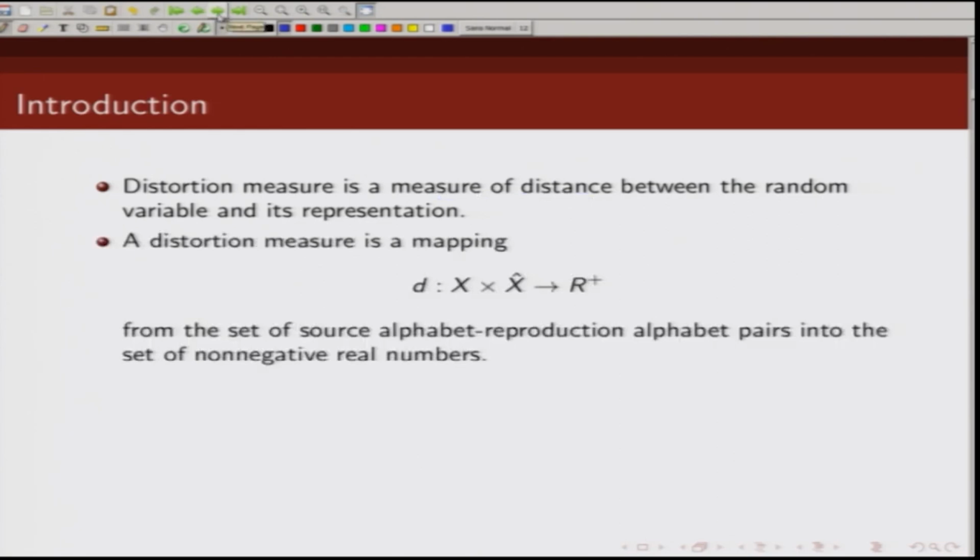So, a distortion measure is a mapping of the set of source alphabet and reproduction alphabet pairs into a set of non-negative real numbers, and this set of non-negative real numbers will specify how much the source alphabet differs from the reproduced alphabet.